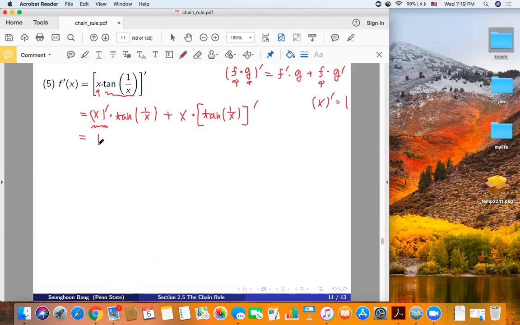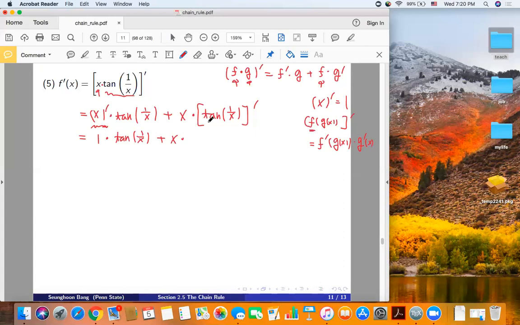So we have 1 times tangent of 1 over x plus x times the derivative of tangent of 1 over x. You can use the basic chain rule: f of g of x, prime, is the outer function prime of the inner function times the inner function prime.